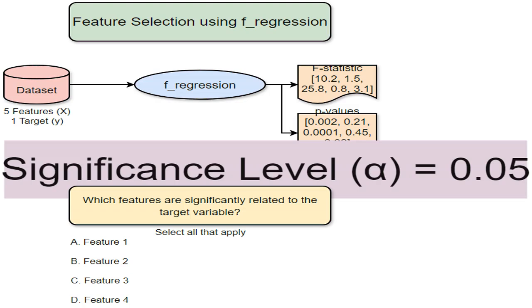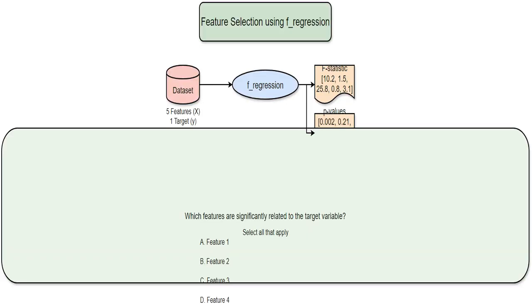insignificant. The p-value for feature 1 is 0.002, which is less than 0.05, indicating that feature 1 is significantly related to the target variable. The p-value for feature 2 is 0.21, which is greater than 0.05, indicating that feature 2 is not significantly related to the target variable.